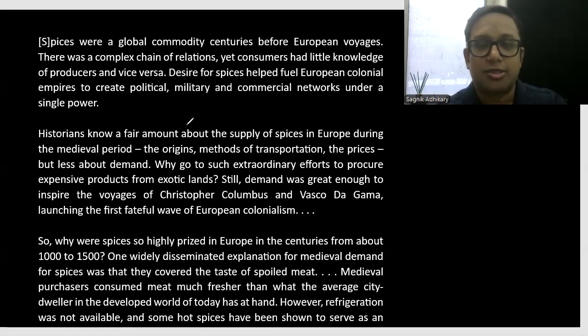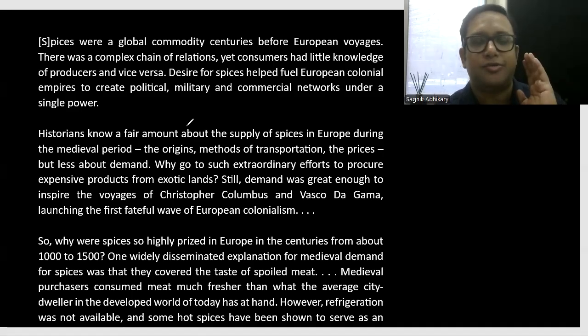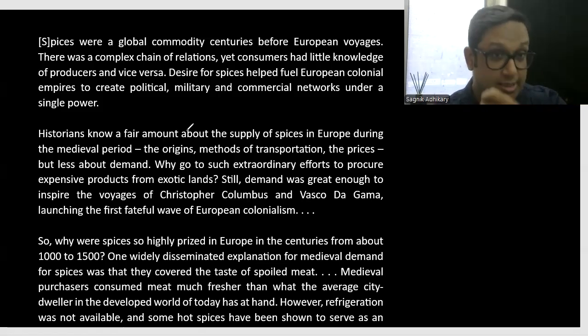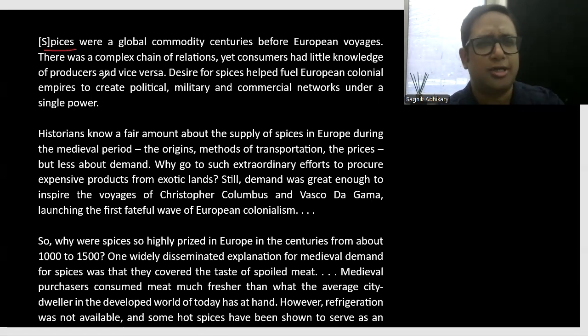For our second passage, let us look at a passage which is somewhat more interesting as compared to, say, challenging. This is a passage from the second shift of CAT 2024, the afternoon shift. This talks about the spice trade, historically speaking, particularly from the medieval times. Spices were a global commodity centuries before European voyages.